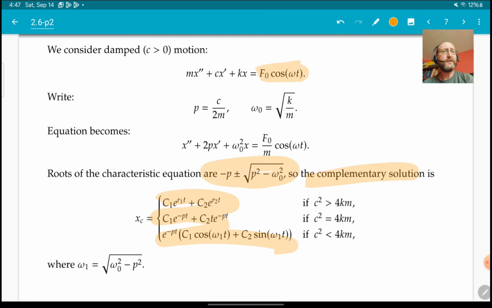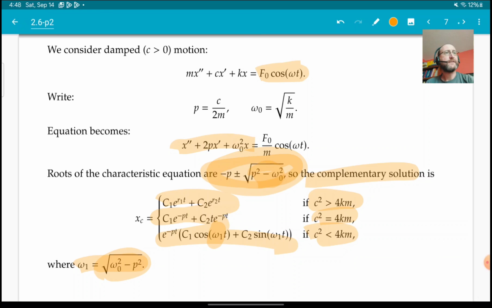If we look at the characteristic equation for this ODE and look at its roots, depending on the sign of what's under the square root, you get one of these three possible solutions. Another way of writing it is this way. And here omega one is just so that we don't have to write this square root in there.